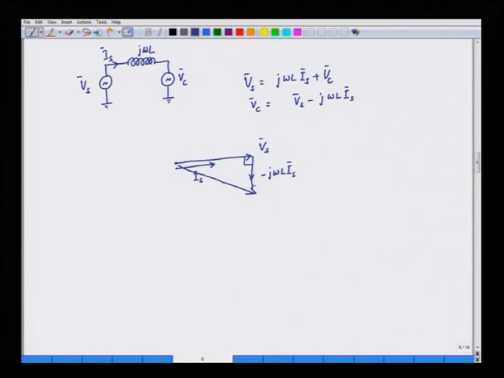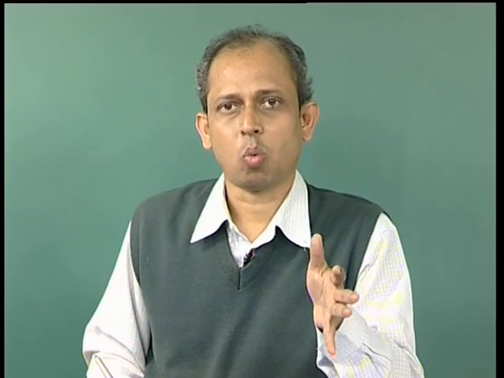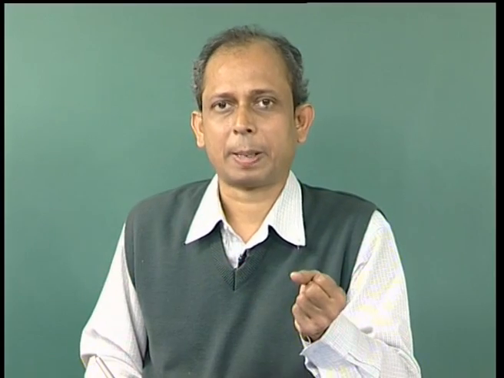This is a vector triangle, and the third side would be the V converter. Now, here we have fulfilled our criteria that the input power factor is unity. So, the input power factor is maintained unity because Vs and Is are in phase. So, if we can control as per this phasor diagram, we can ensure that the input power factor of the converter is 1, the input current which is drawn by the front end converter.